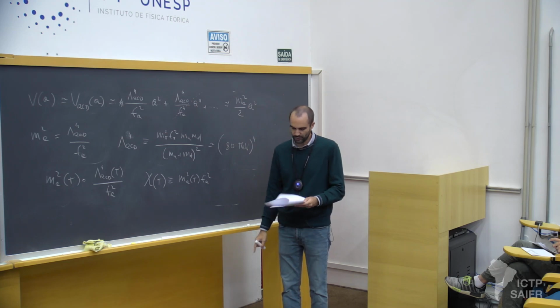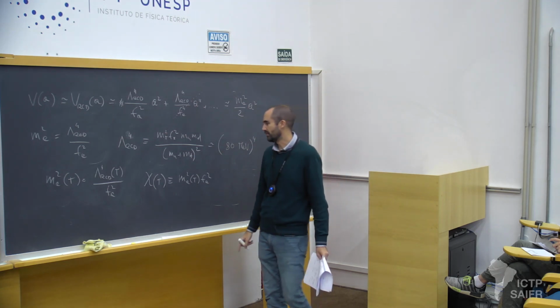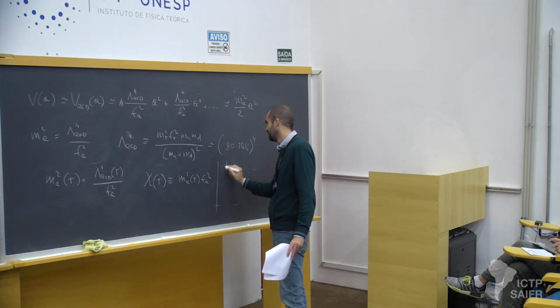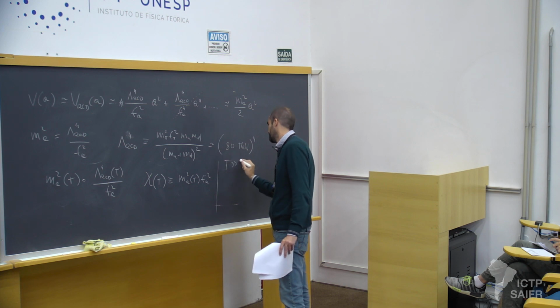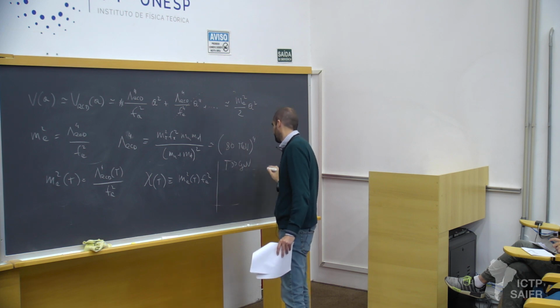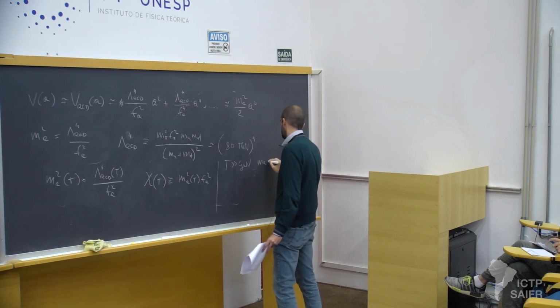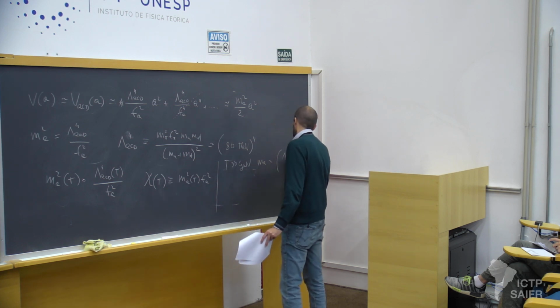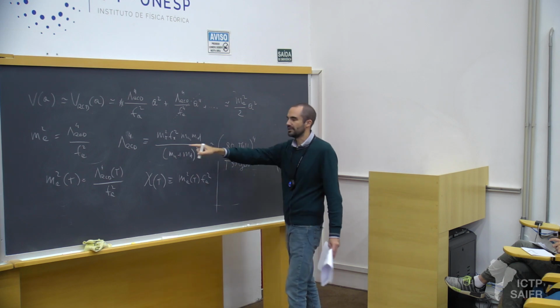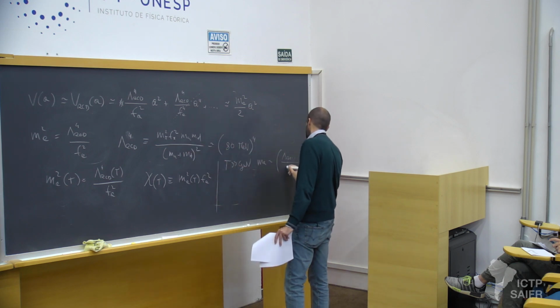So you will find, if you look in the literature, plenty of calculations of this number. For our purposes, we're going to use a very rough approximation, which is the following. When T is much bigger than a GeV, we're going to say that the axion mass scales roughly like lambda QCD at 0 temperature, so this number here, divided by the temperature to the power of 4.